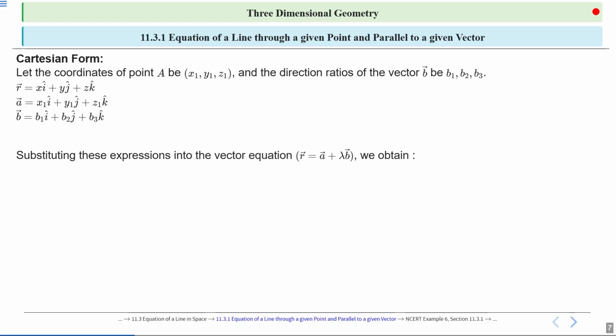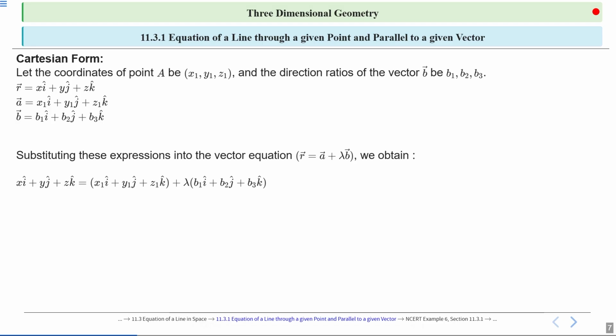Now let's substitute these expressions into the vector equation of a line. The general vector equation is r vector equals a vector plus lambda times b vector.